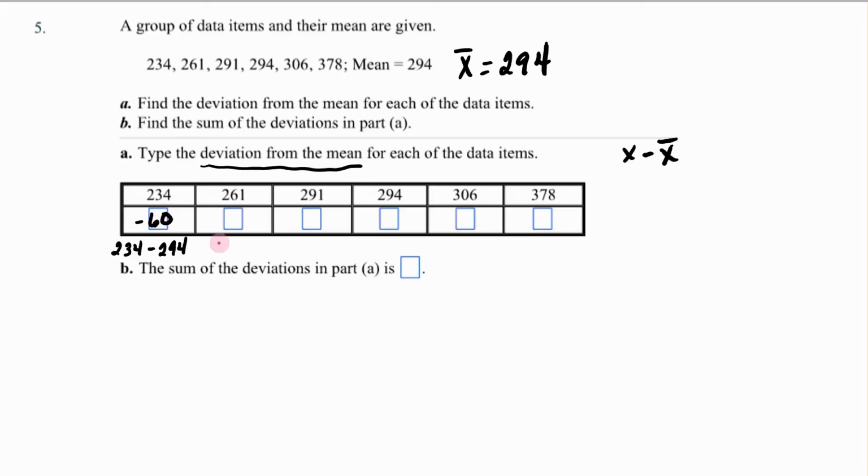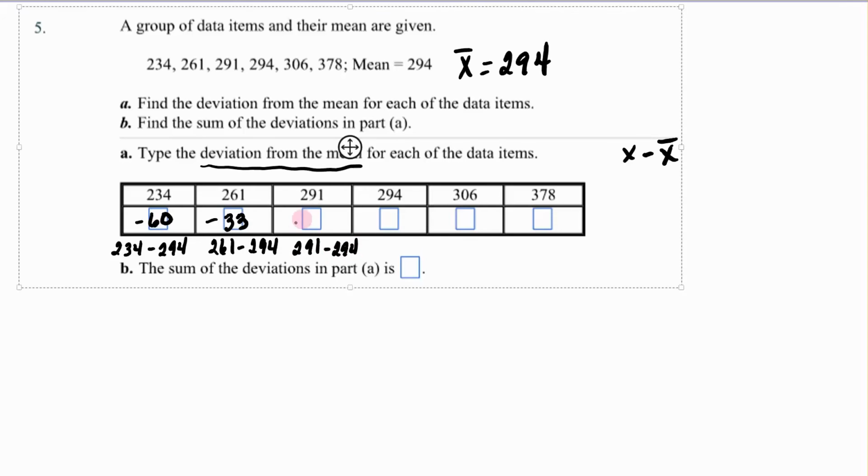Next one, 261 minus 294, and I get negative 33. Then I have 291 minus 294, negative 3.